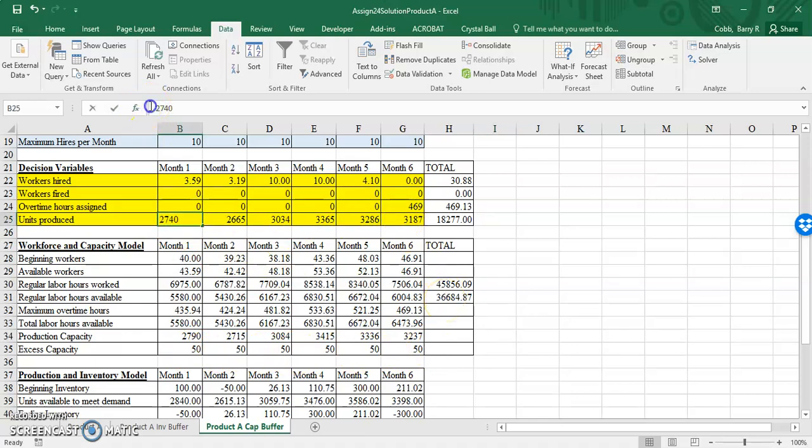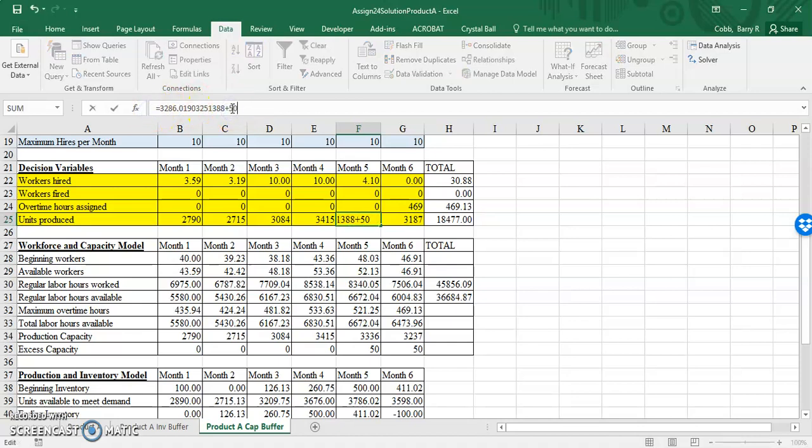We'll just do this in this case manually. We're not going to resolve. Instead of resolving and changing our plan, we're going to use the production capacity buffer to increase by 50 units a month.